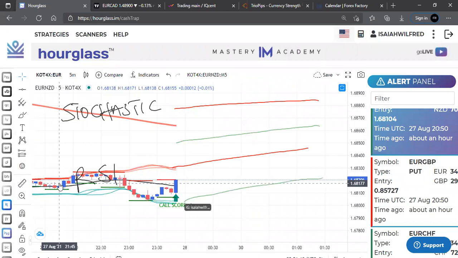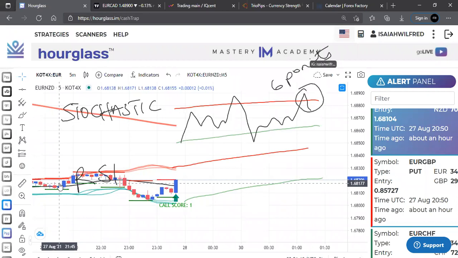If we're looking for a put, and the stochastic is looking like this, it has already given us what we want. The stochastic has already given us this cross down as our 6 points.